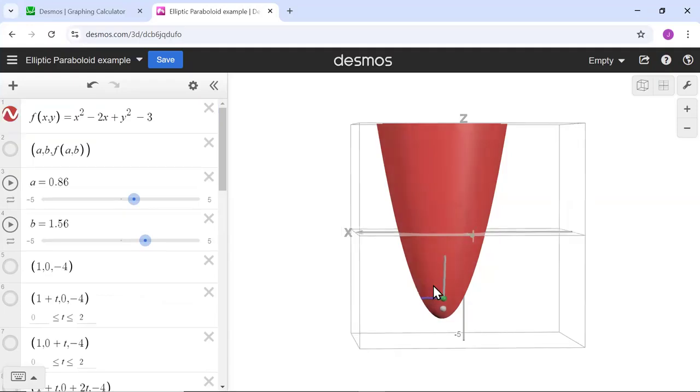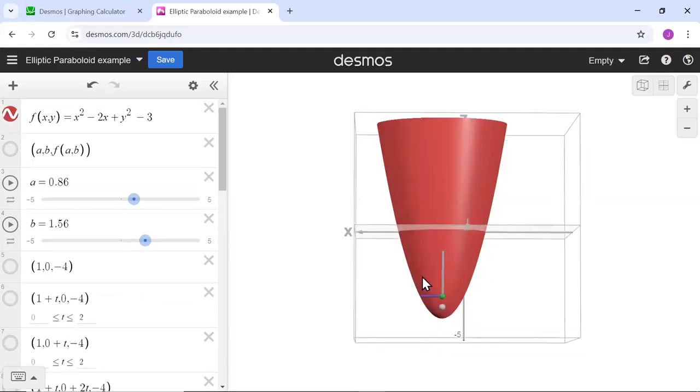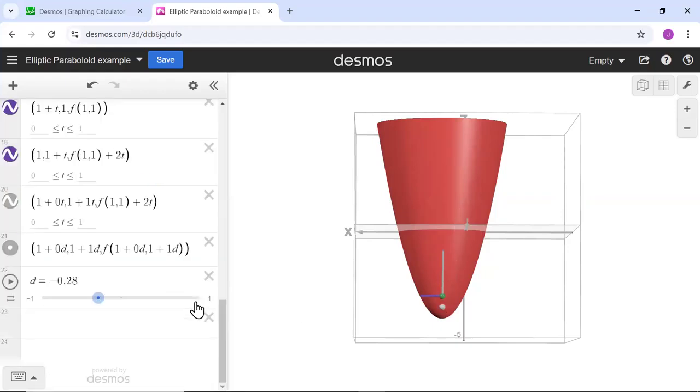So the minimum directional derivative value at this point. So maximum and minimum change are happening along this angle, and then no change would be happening if we moved along in the x direction, either left or right.